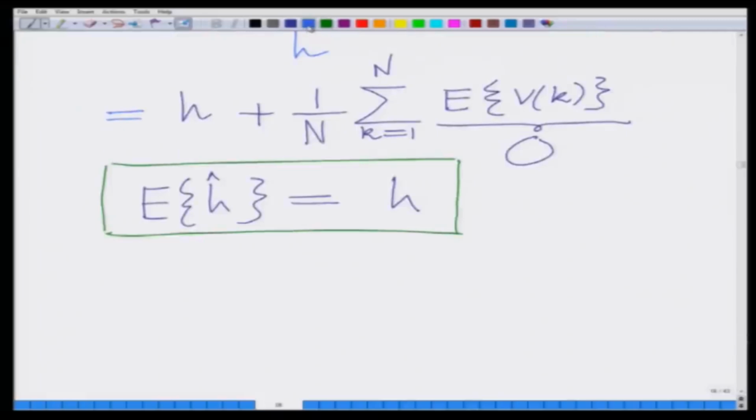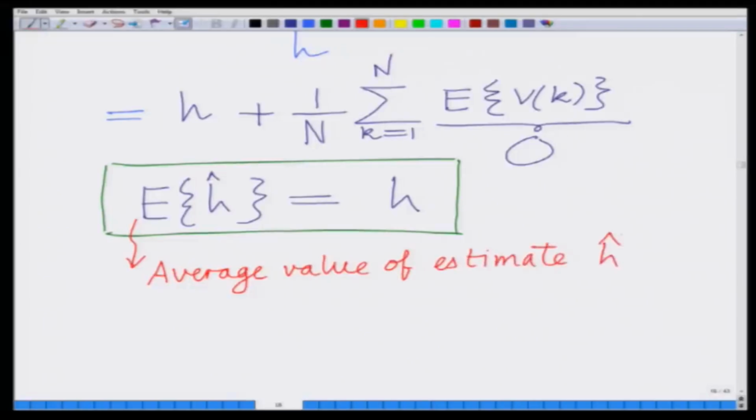This says that basically the average value of the estimate equals the true value of the parameter h.